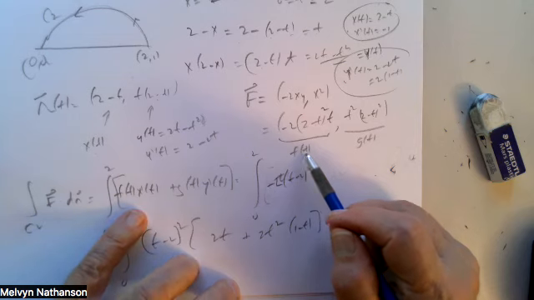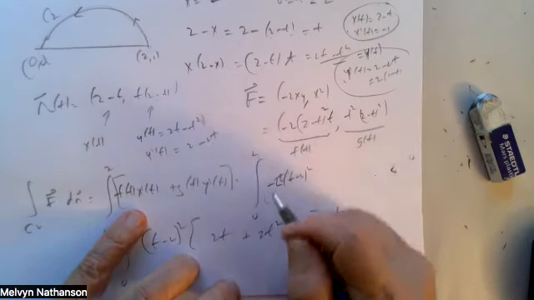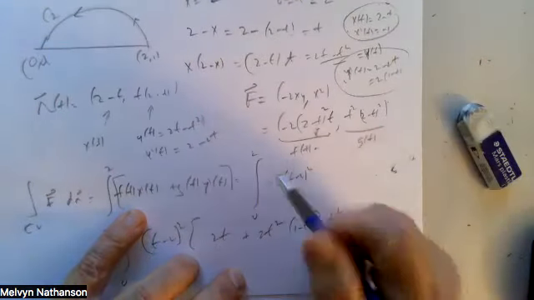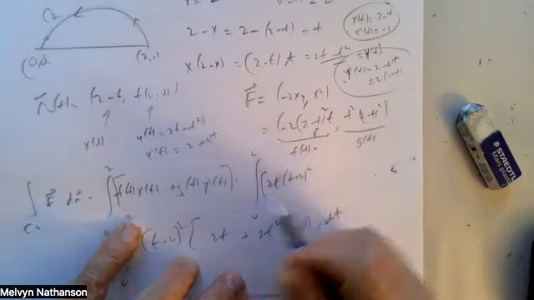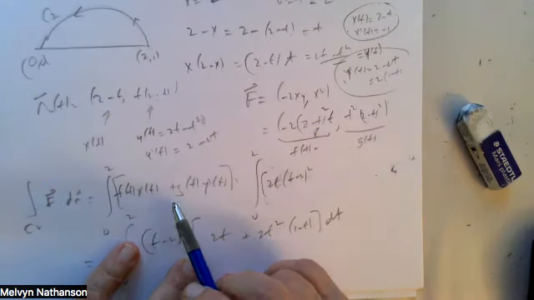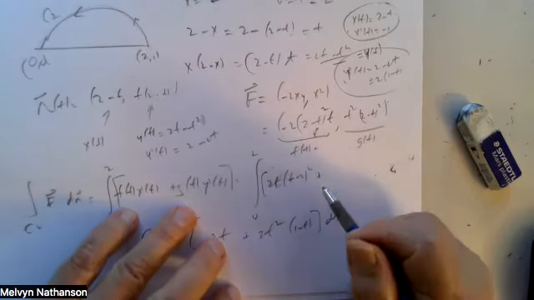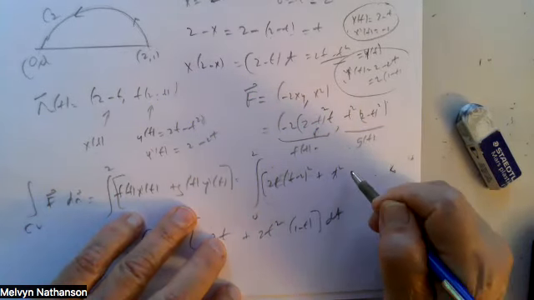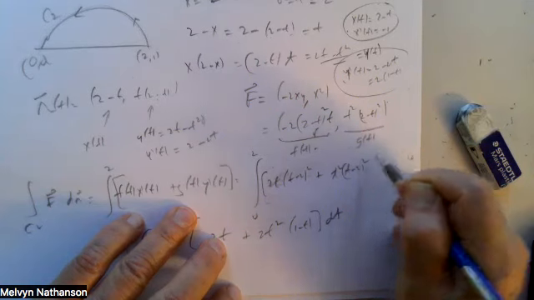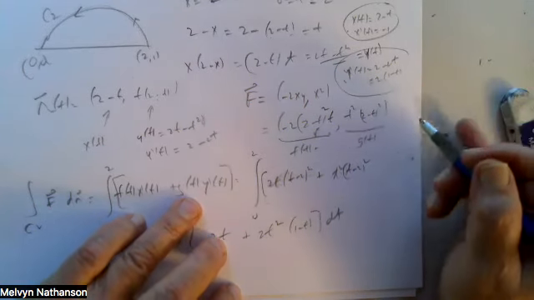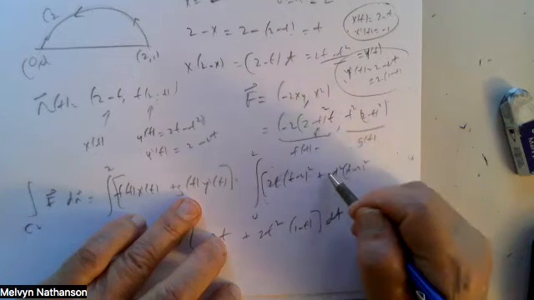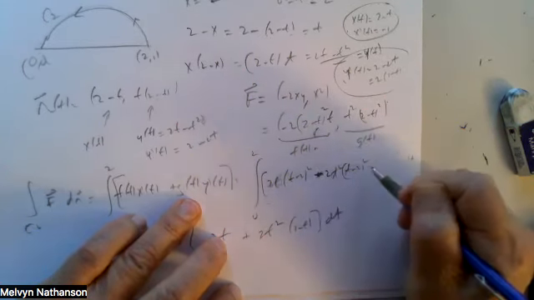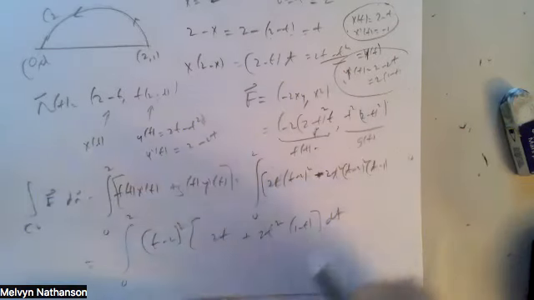Times x prime of t, which is minus 1, which makes this a plus. So this is 2t (t minus 2) squared, that's the first term, plus g of t, which is t squared (t minus 2) squared, times y prime of t, which is 2 times (1 minus t), or minus 2 times (t minus 1).